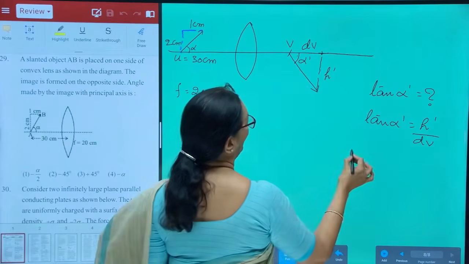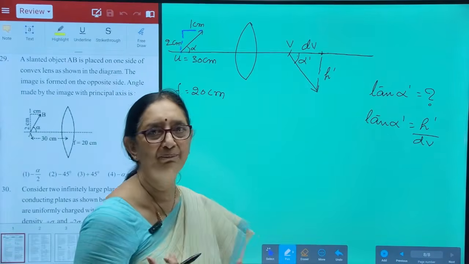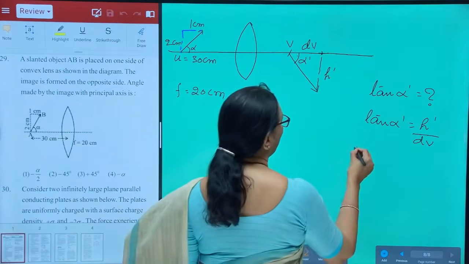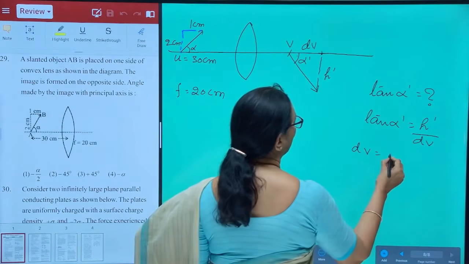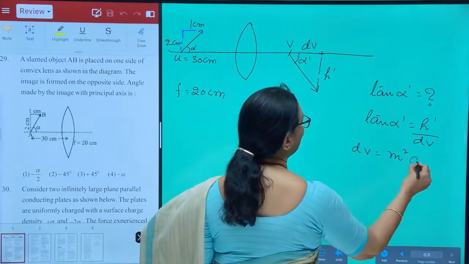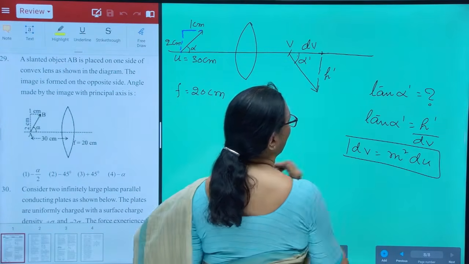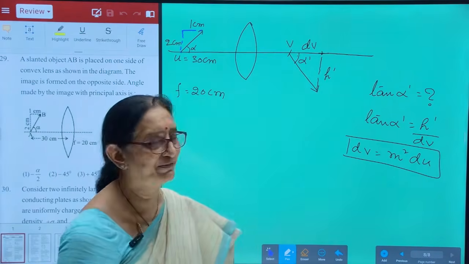And we know from the equation m is equal to v by u that dv is equal to m square times du, where m is the magnification.